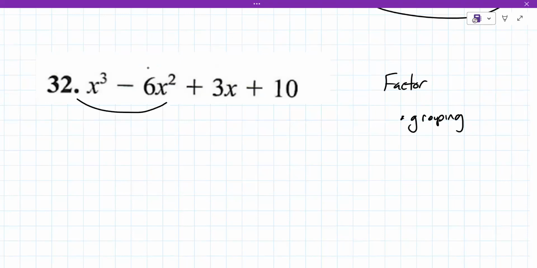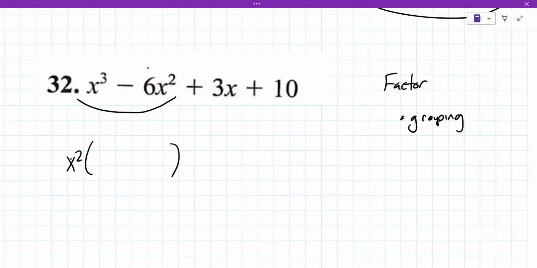So you're looking at these first two right here, and you're deciding, well, what is common between them? What goes into both? X squared, because the smaller exponent is x squared.